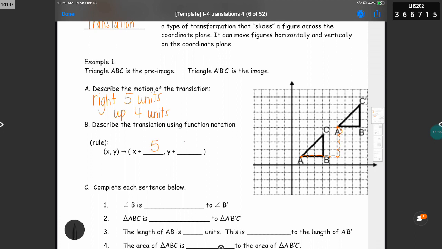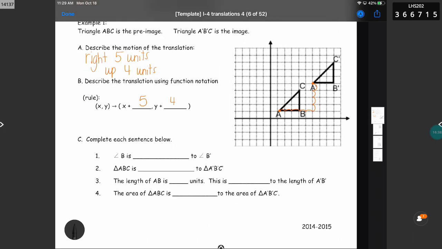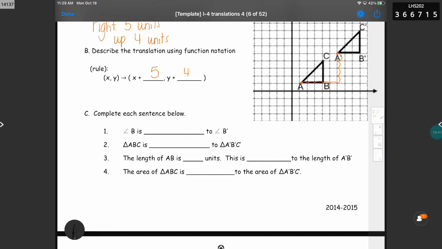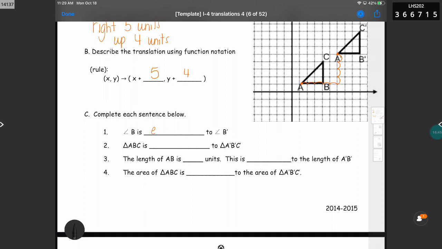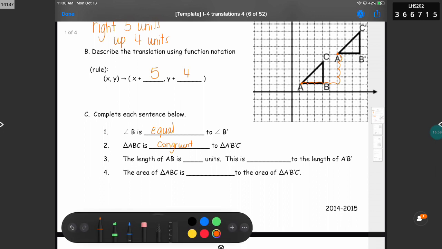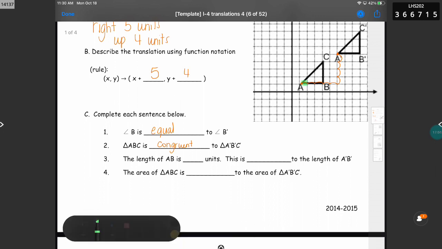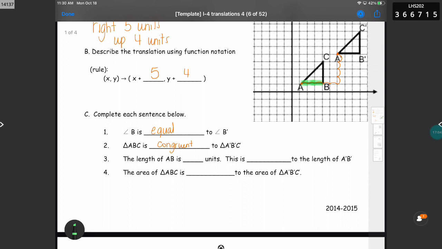Okay? Complete each sentence below. Angle B is going to be equal to angle B prime. Triangle ABC is going to be equal or congruent to triangle A prime, B prime, C prime. The length of AB, how long is AB? 1, 2, 3. It's going to be 3 units.